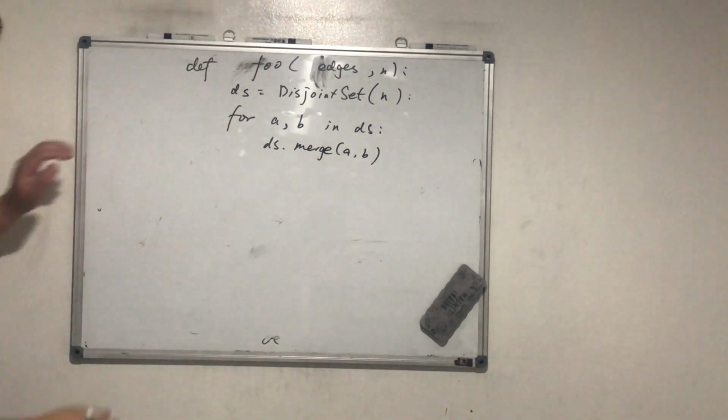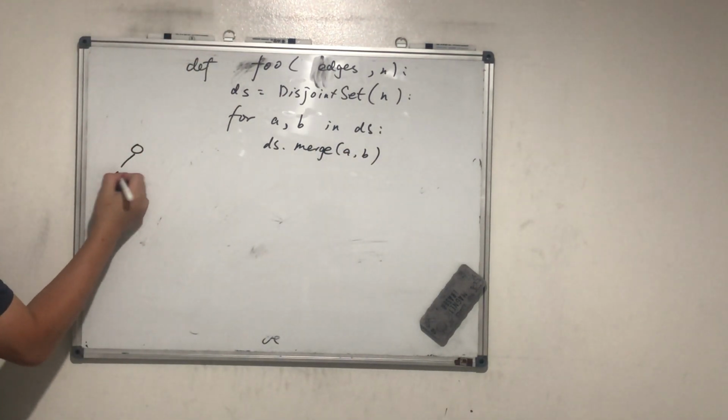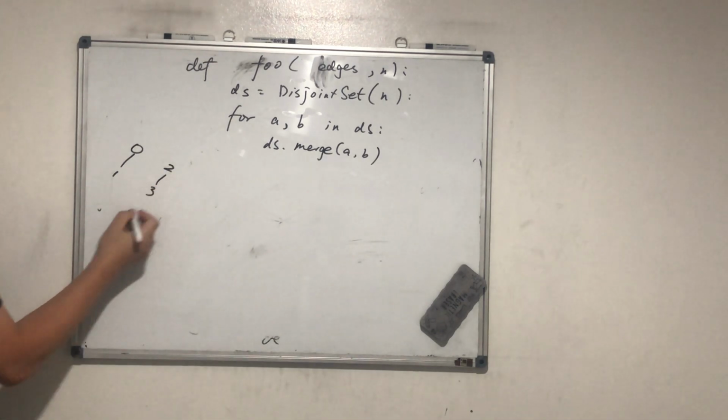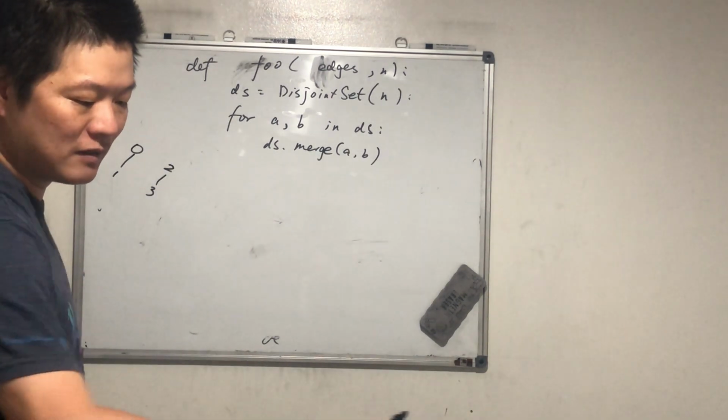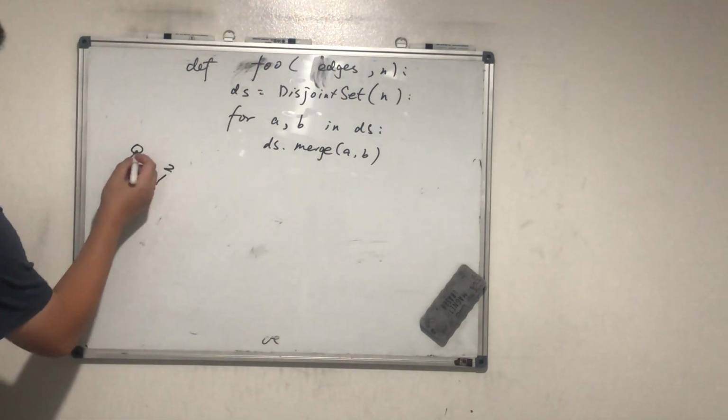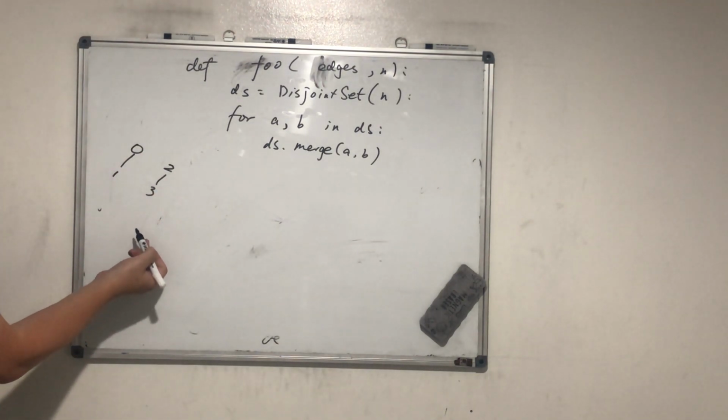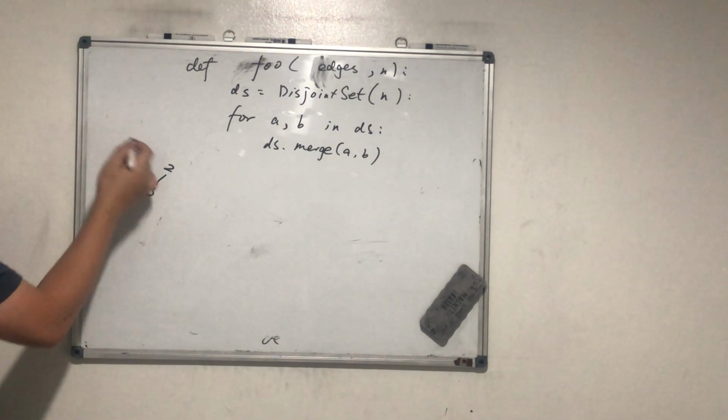So now we got this. Look, 0 to 1, 2 and 3. There are two groups, right? But we want to find out the group number and put it in the counter.